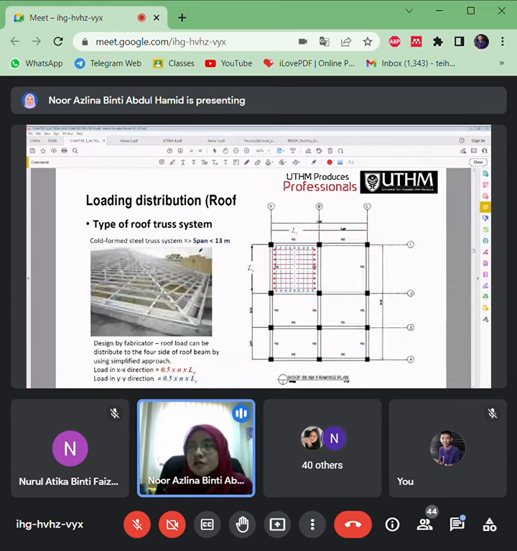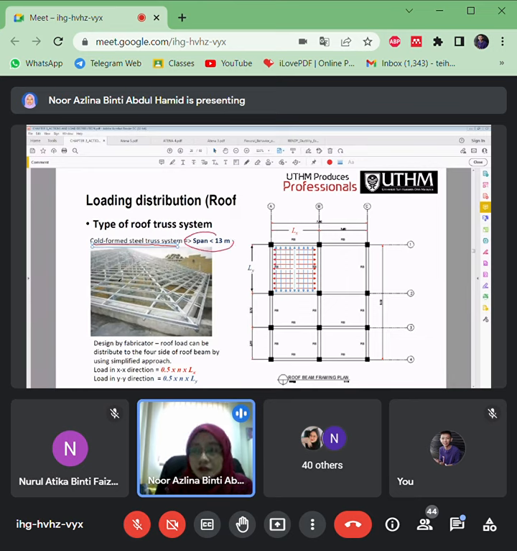Okay, so this is how to calculate the load distribution for the roof systems. For example, a cold formed steel truss system with spans less than 13 meters.